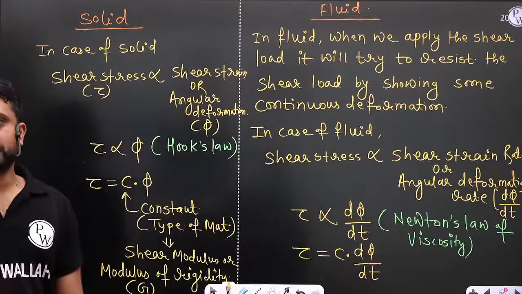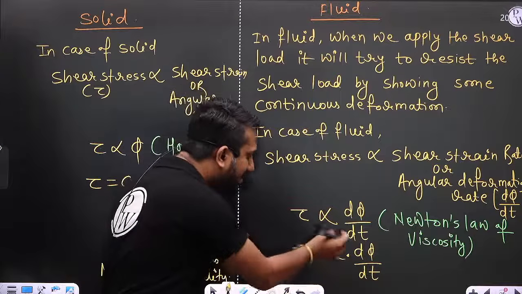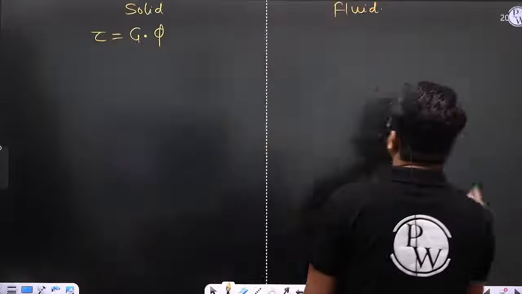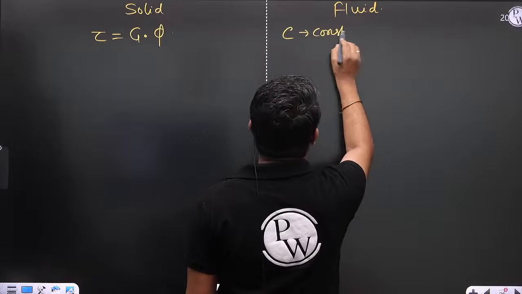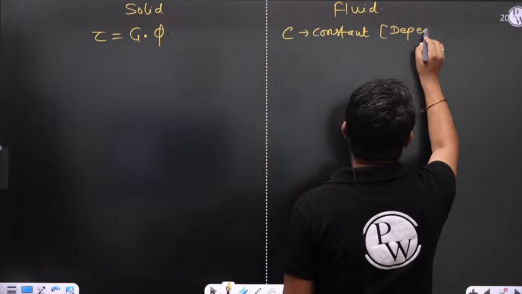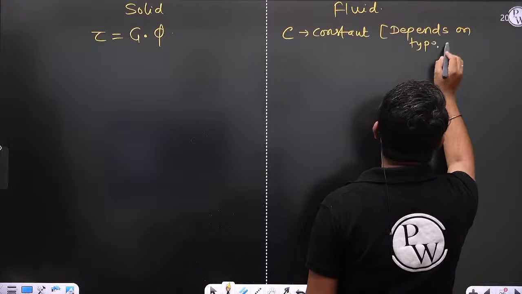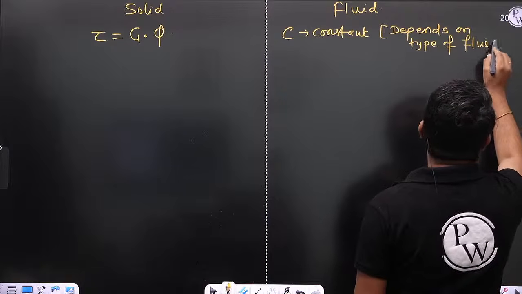C is the proportionality constant, and in the case of the fluid, this C depends on the type of the fluid. That means it is a fluid property.